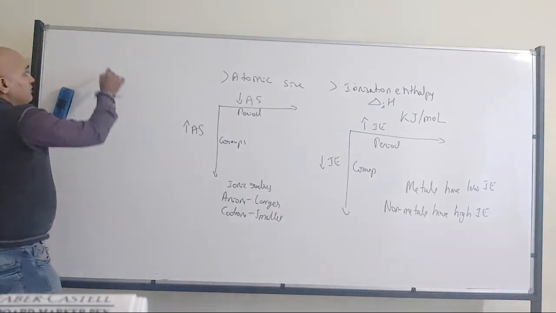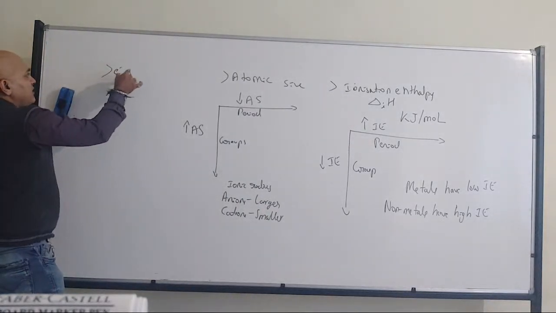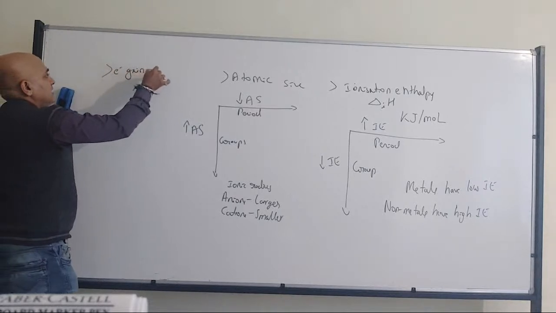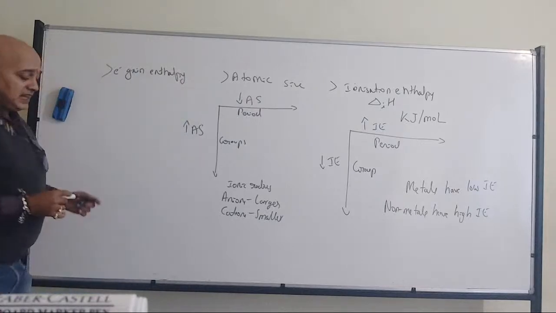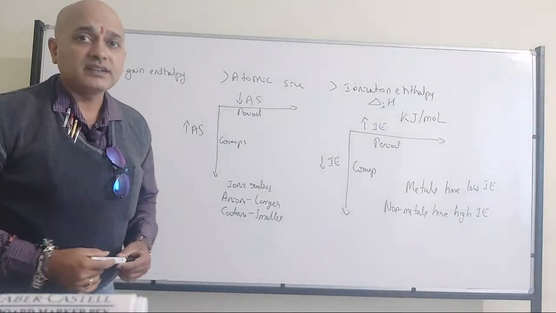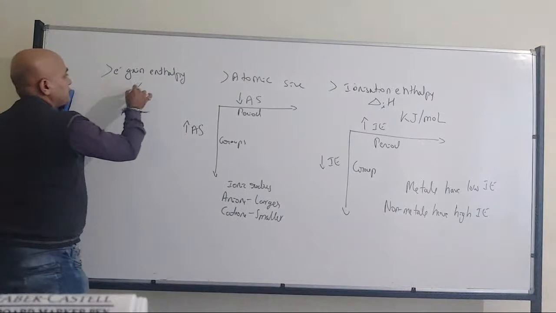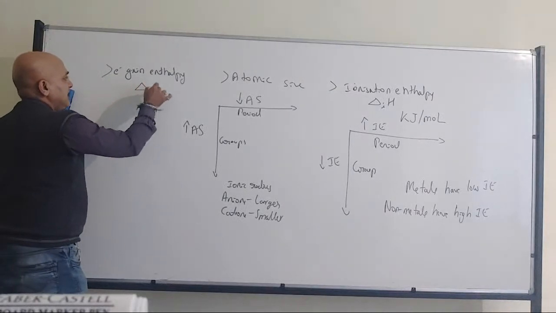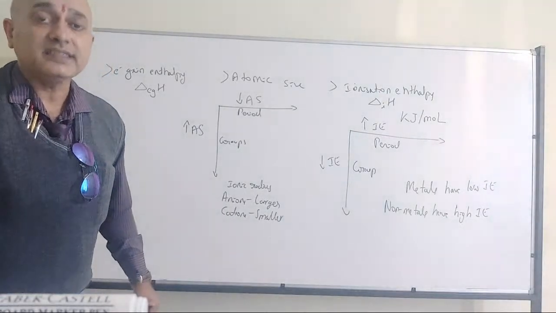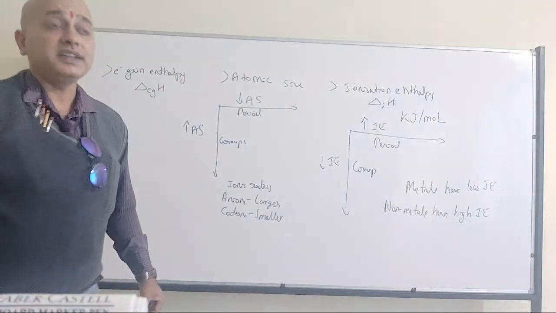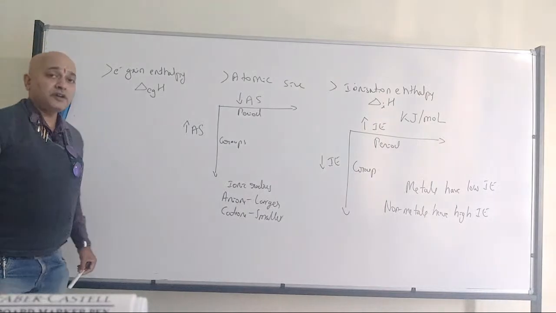Okay? Now, the last one is electron gain enthalpy. So what is the symbol? It is EGH. That is the symbol for electron gain enthalpy. How to define it?